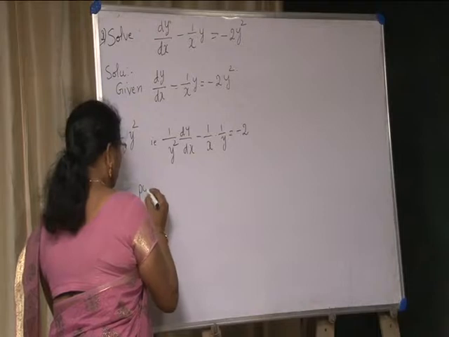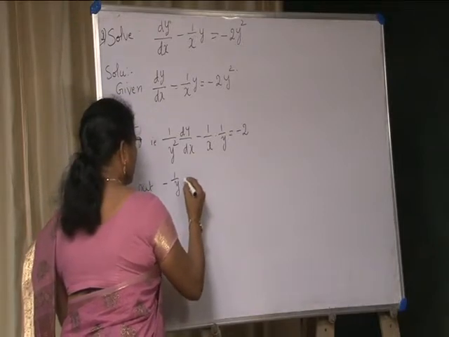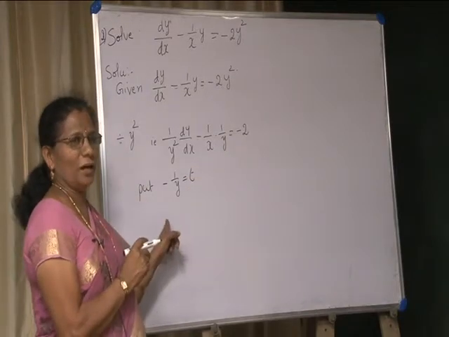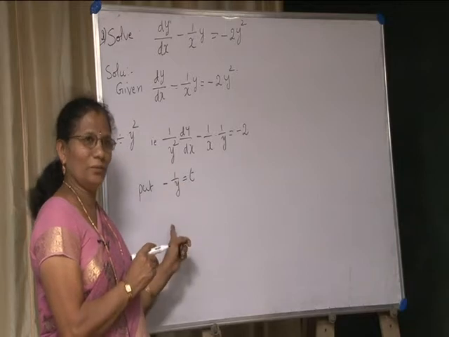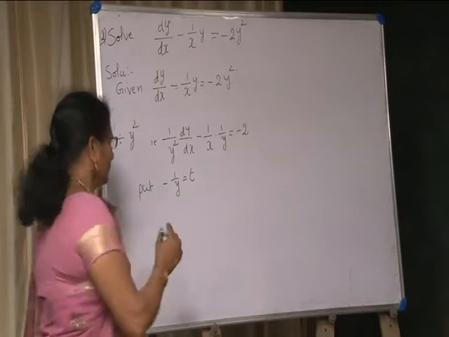Put minus 1 over y is equal to t. To avoid the negative sign, I have taken minus 1 over y. Otherwise, even if you want, you can take 1 over y is equal to t.